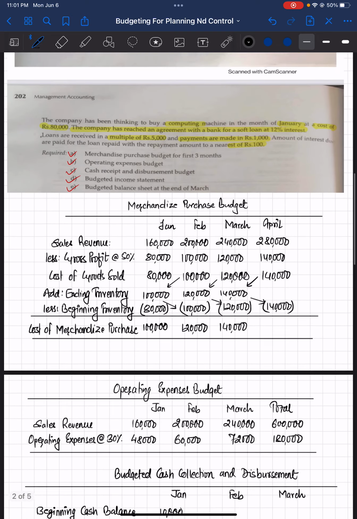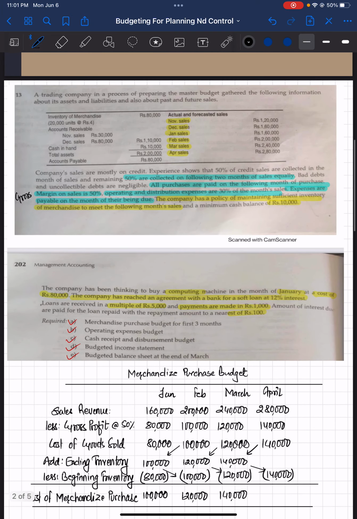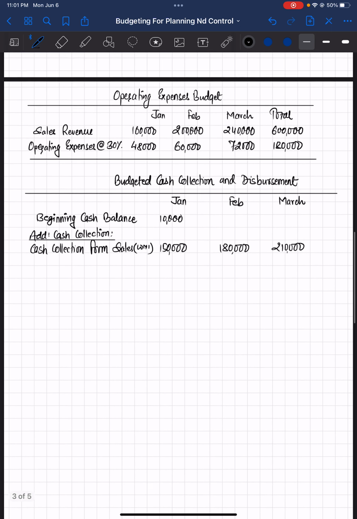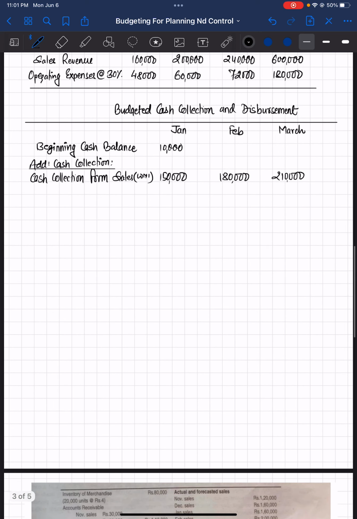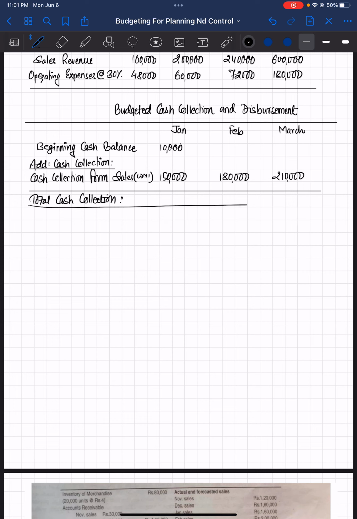All right. So since we already have the cash collection from sales, let's try to find out if there's any other cash inflows with us. As I see, there are no other cash inflows. So what we'll do is we add the beginning cash balance with the cash collection from sales, then we'll get the total cash collection. All right.